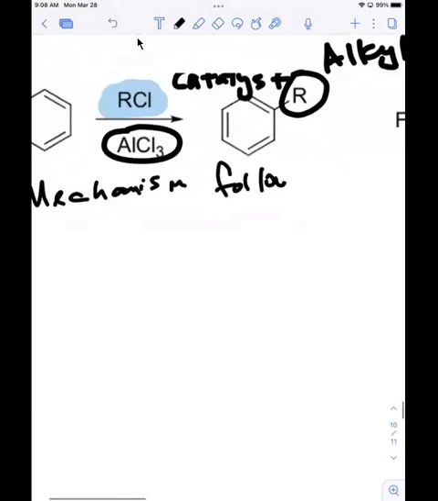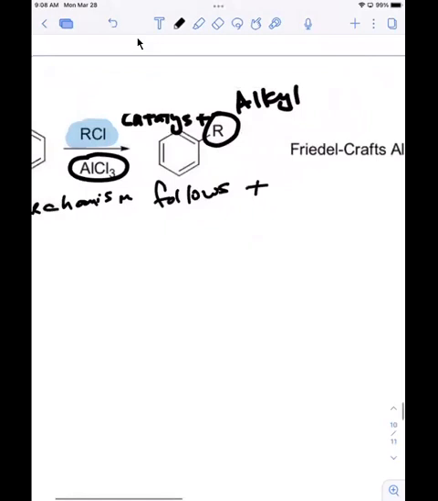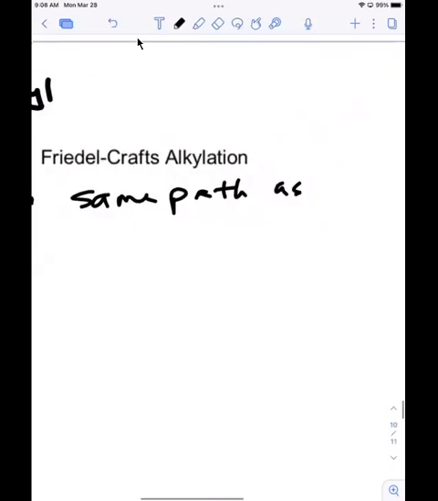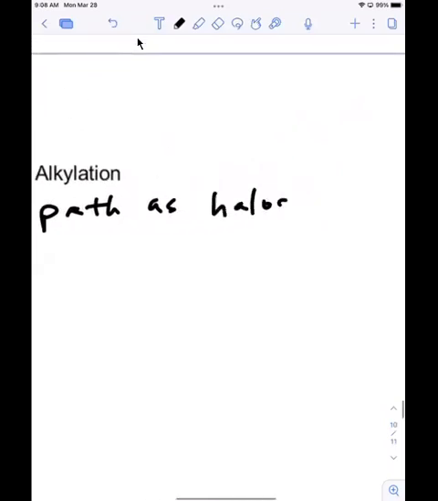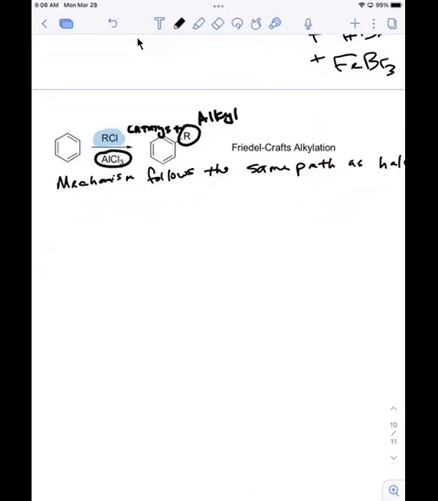All of your electrophilic aromatic substitution reactions are going to follow the same path.